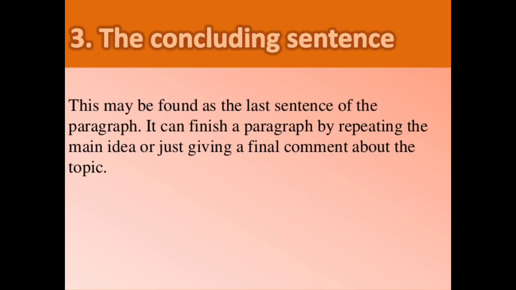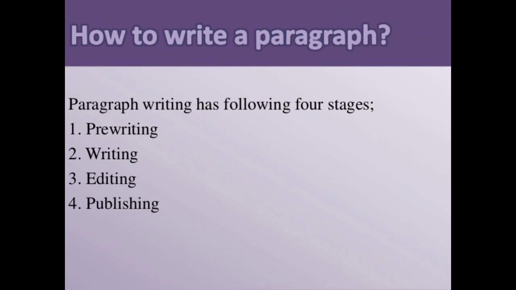So, paragraph writing was divided into three main topics. First one is the topic sentence, second one is the supporting sentences, and the third one is the concluding sentence, children. Now, let's move on to how to write a paragraph.